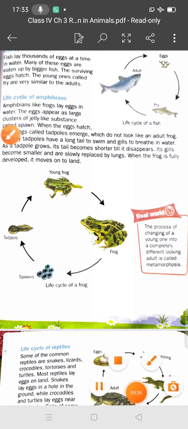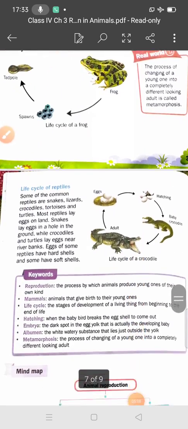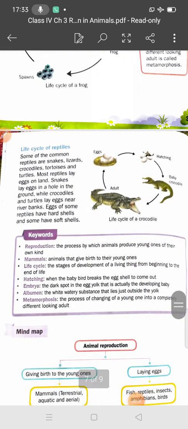Now, students, we will discuss the life cycle of reptiles. Some reptiles are the snake, lizard, crocodile, tortoise and turtle. Most reptiles lay eggs on land. The snake lays eggs in a hole in the ground, while the crocodile and turtle lay eggs near the river bank.